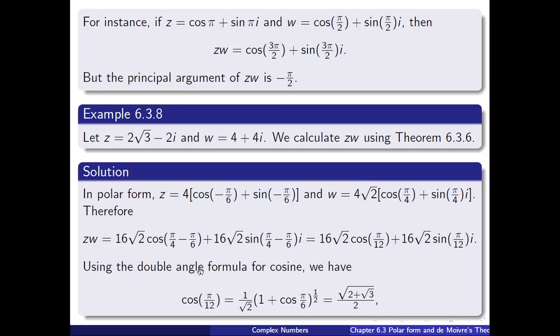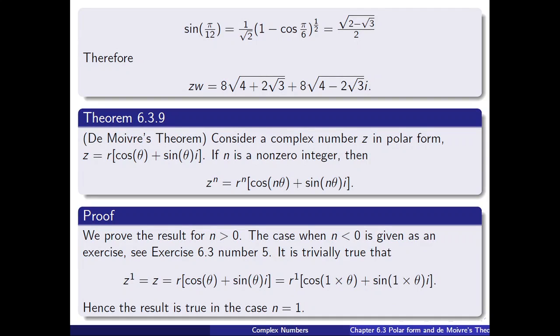Now using the double angle formula for cosine, we have that cos pi over 12 is equal to the square root of 1 over 2 times 1 plus cos pi over 6, which is equal to that. And then sine pi over 12 is equal to the square root of 1 over 2 times 1 minus that, which is equal to that.